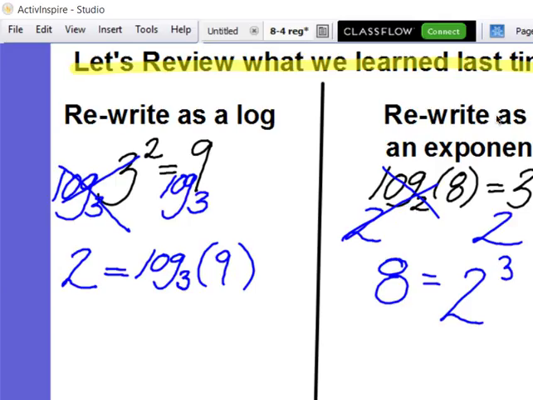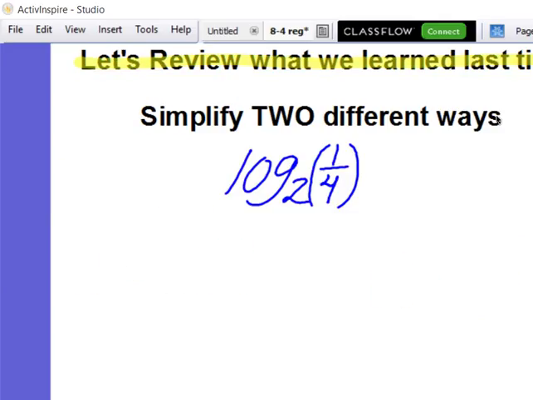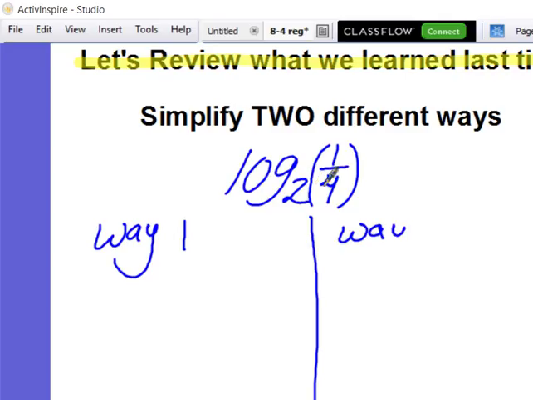Just making sure you remember what we learned last time. Okay, what I want you to do is, as a group, talk to each other, remember what we learned last time and simplify this 2 different ways. Ready, go. Talk to each other, help each other out.